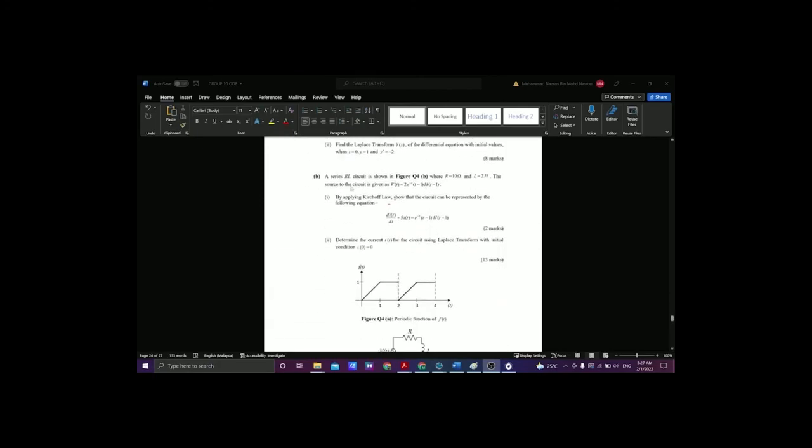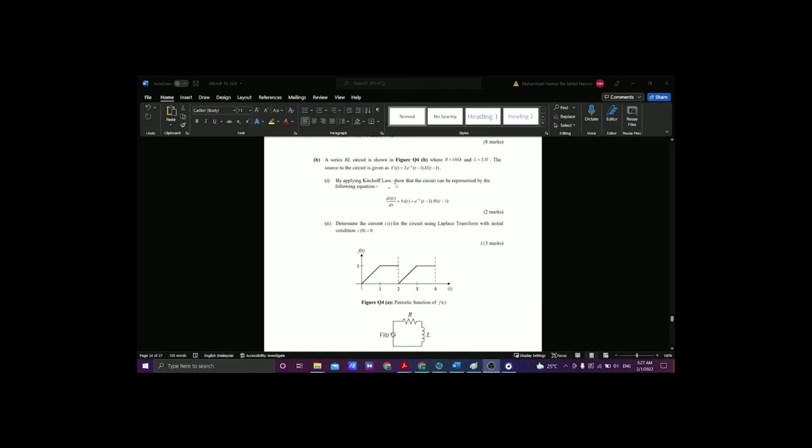For question B, a series RL circuit is shown in figure Q4b where R is 10 ohm and L is 2 Henry. The source to the circuit is given as v(t) equals 2 exponential negative (t minus 1) h(t minus 1).